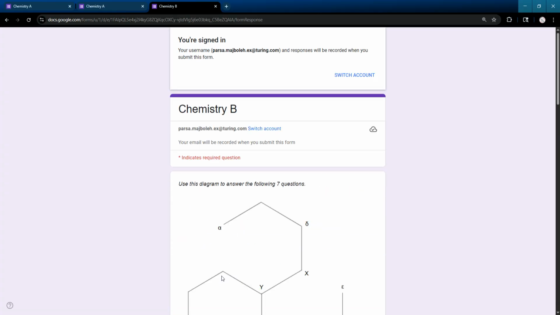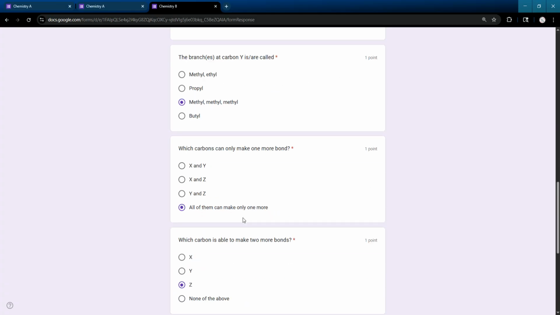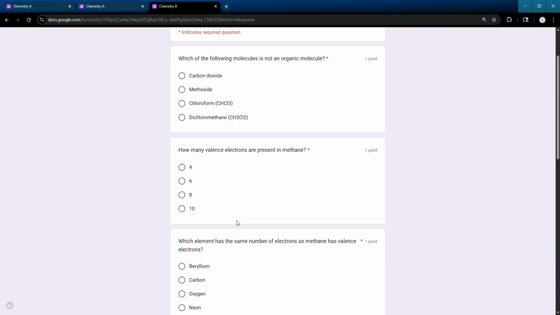Next. Which of the following molecules is not an organic molecule?